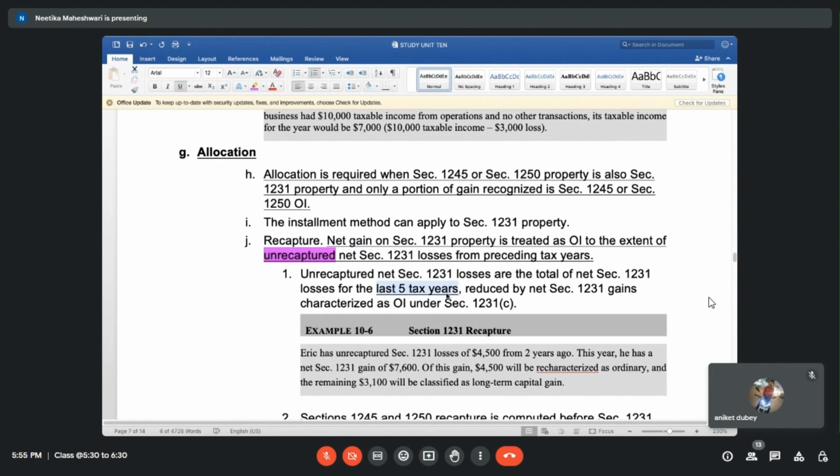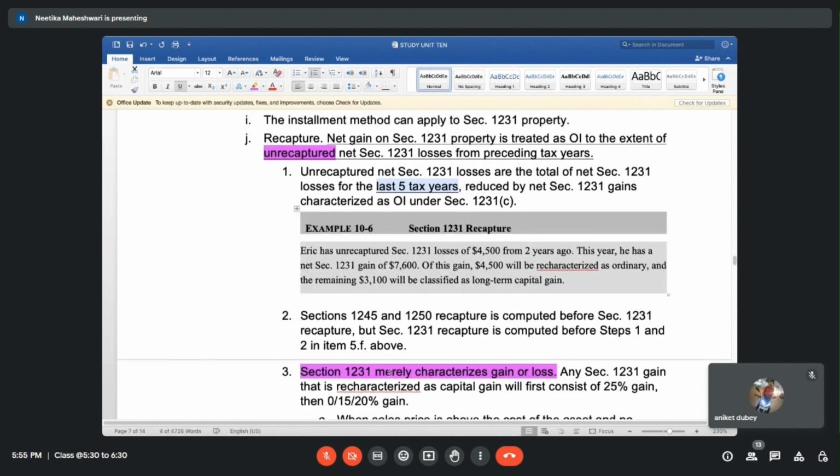See what the losses were for the last 5 years, and see if there is something eligible for recapturing. That amount should now be considered ordinary income. So if you have a gain, you split a portion into ordinary income and a portion into capital gain income, only if there are unrecaptured losses from prior years.